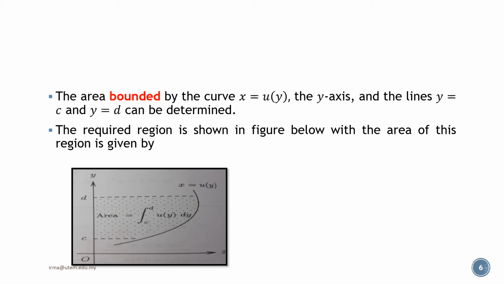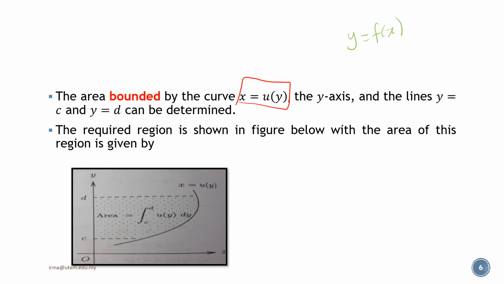Now, the area bounded by the curve x equal to u(y). Just now we had the graph with a function y equal to f(x). Now we have a curve x equal to u(y), which means we have a function in terms of y.